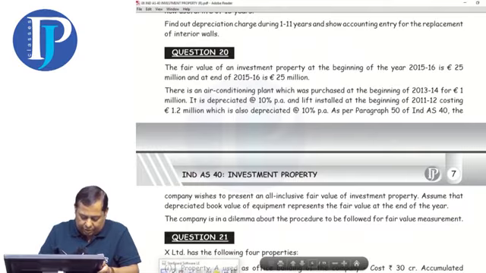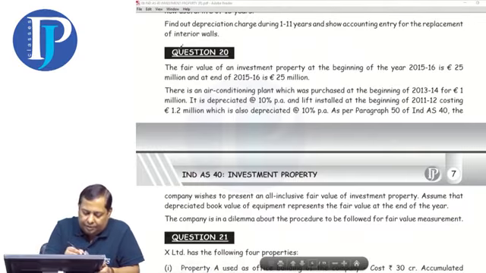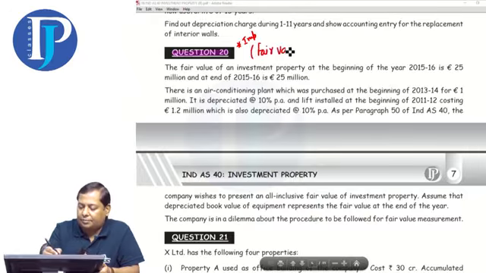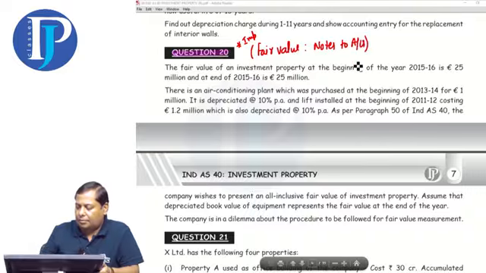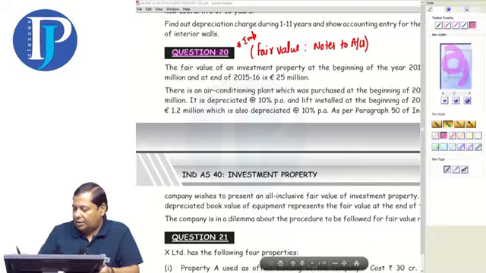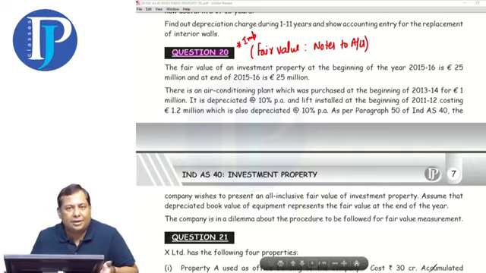I have question number 20. I marked this as important and you can write in your book in brackets: fair value, notes to accounts. I will read the question to you. You know assumptions.